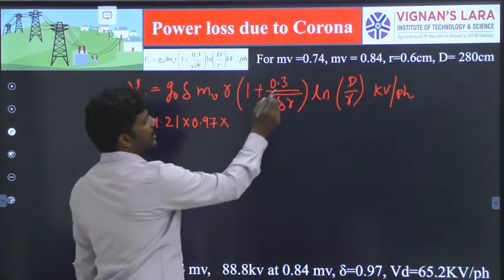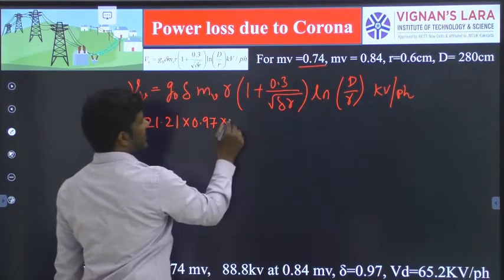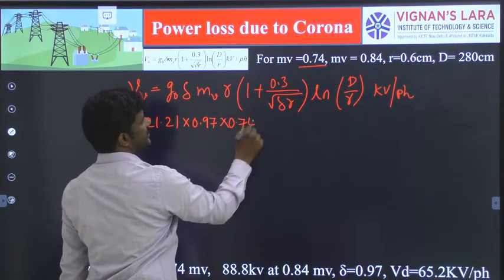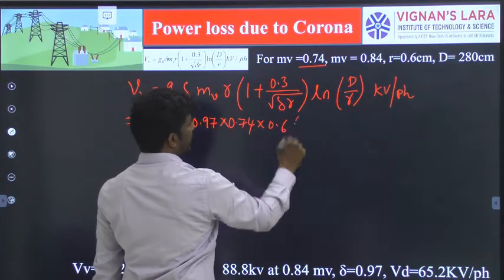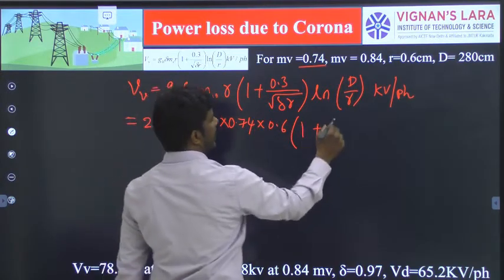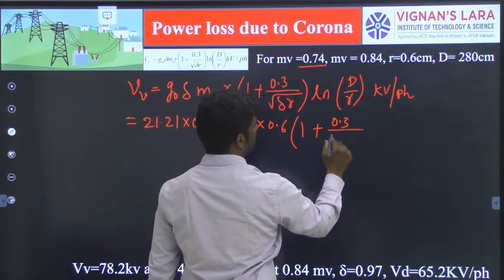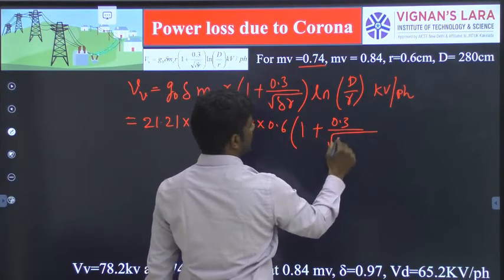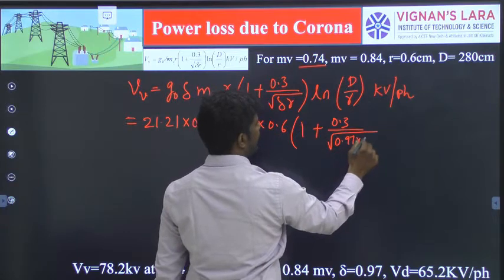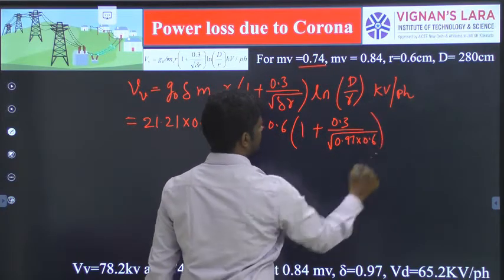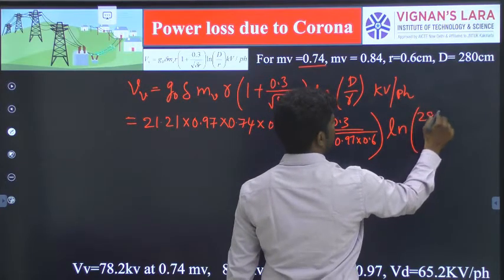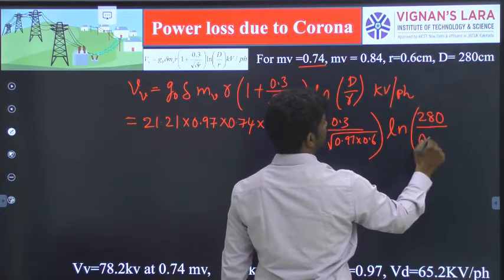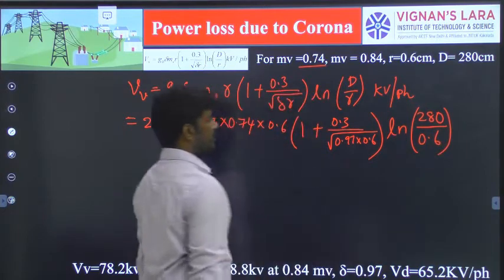So for local corona, I will take this as 0.74 for the first case, multiplied by radius 0.6 into 1 plus 0.3 by square root of delta into R, 0.97 into R value 0.6, into ln of D by R. D is 280 centimeters, R is 0.6 centimeters.